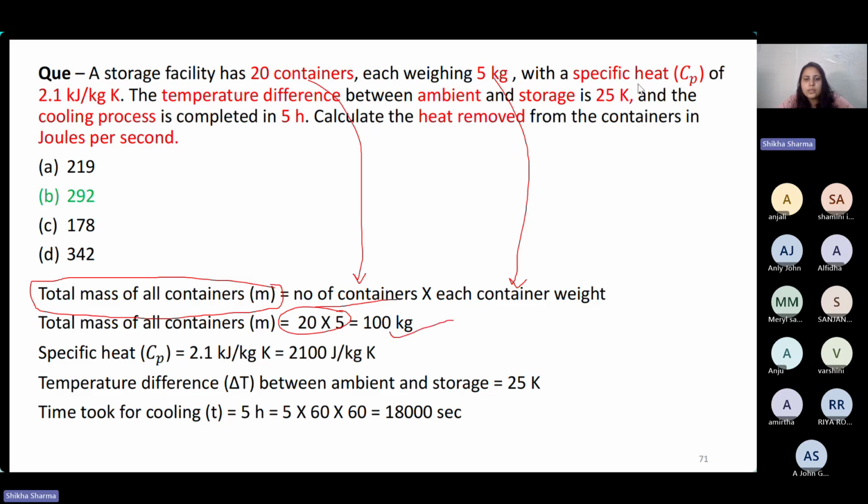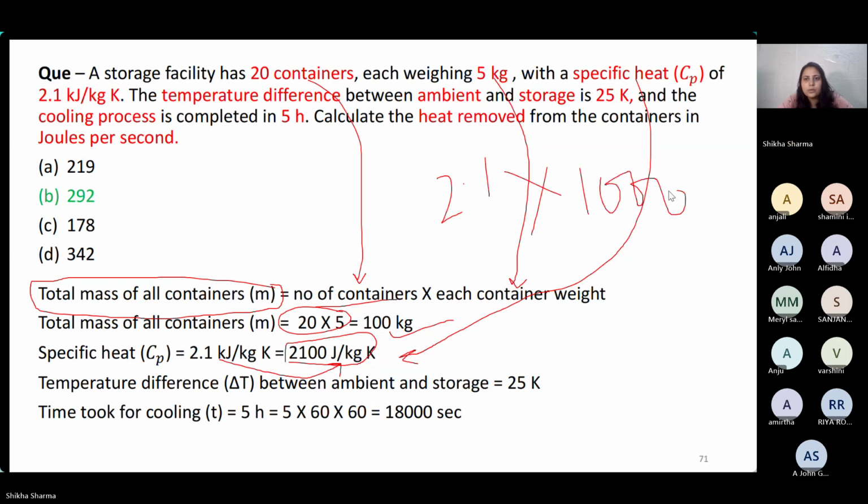And the specific heat is given as 2.1 kilojoule per kg per Kelvin, which we can write as 2100 joule per kg Kelvin. I am converting kilojoule into joule here by multiplying by 1000.